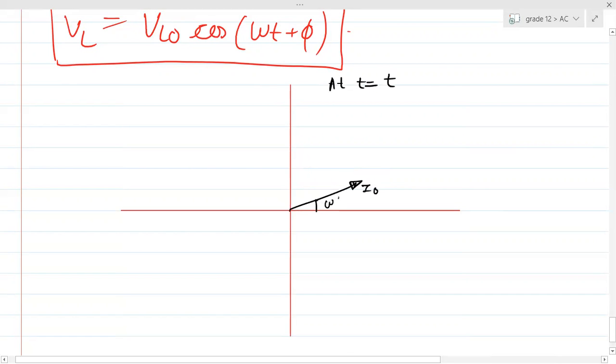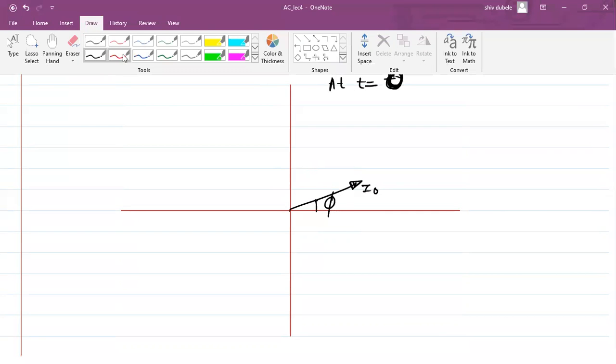And this is omega t plus phi. No, do it on this only, because you'll get to know one more reason soon. Phi, I told you, is basically the phase with which the EMF leads, right?